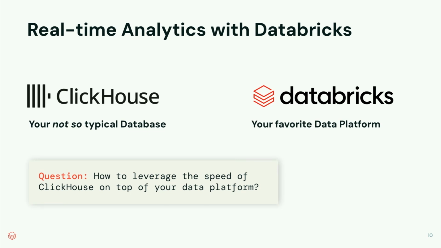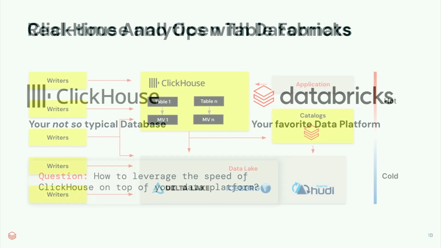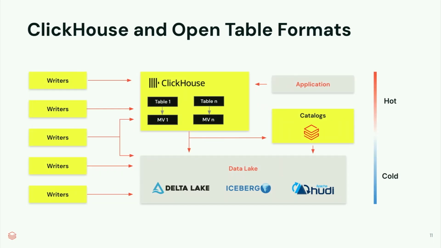Before we developed this integration, I talked with a lot of customers and users and asked them how they use ClickHouse on Databricks, or on their Delta tables, or on their Iceberg tables. And often, the architecture that came back was this type of architecture. Depending on the customer, they have different workflows.